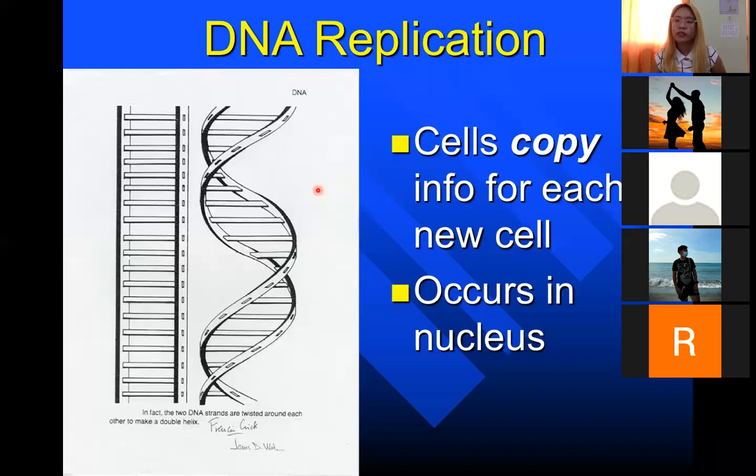Kasi di ba in the S phase, ang ginagawa ng cell is that it has to double its DNA. Tatandaan natin, during cell division, we are starting from one parent cell and it has to produce 2 daughter cells which will have the same exact DNA. So mitosis, di ba?